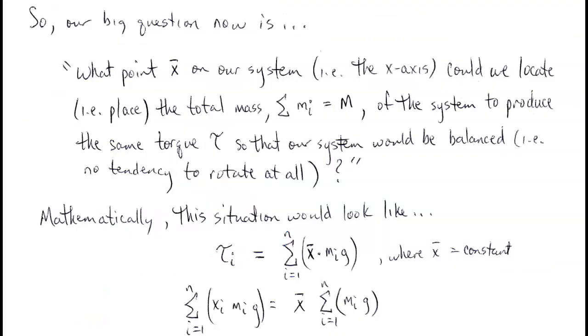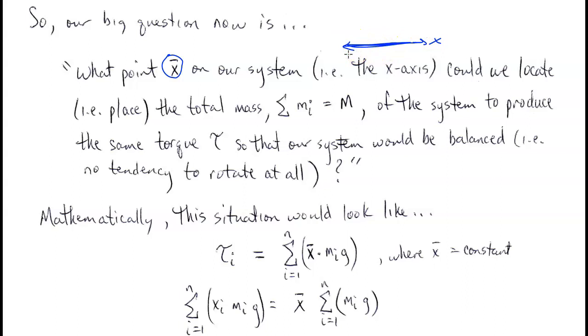So now, knowing that we really just want to deal with the moments here, what we want to know now is what point, and since this is one-dimensional, we're just talking about an x value, and we're going to call this x value x bar. So what one-dimensional point x bar on our system, in this case, the system is our rod, but our rod is looking like the x-axis here.